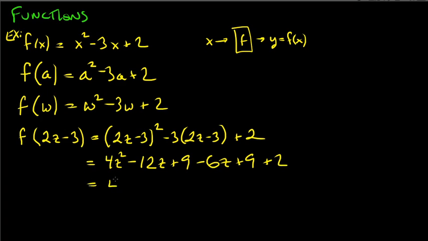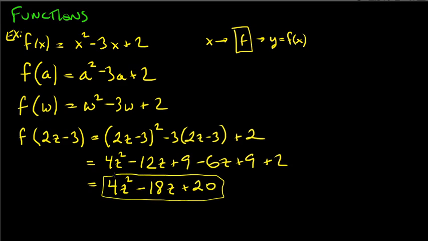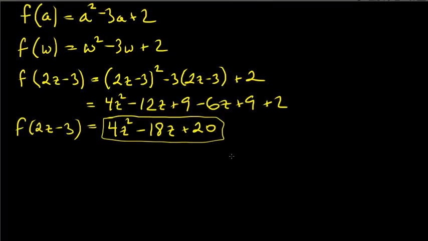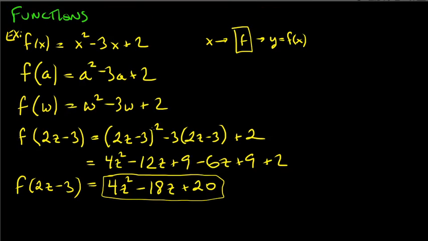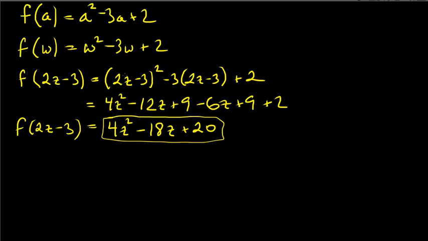Combining like terms, you get 4z squared minus 18z plus, let's see, 18 plus 2 is 20. That's the corresponding expression you get when x is 2z minus 3. You should be very comfortable with this. We already talked about domain and range. You should also be familiar with the difference quotient.